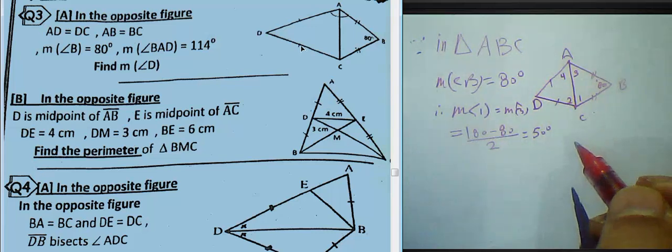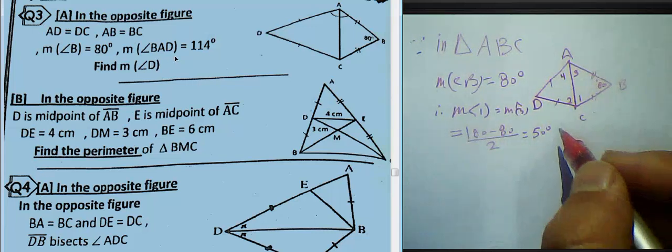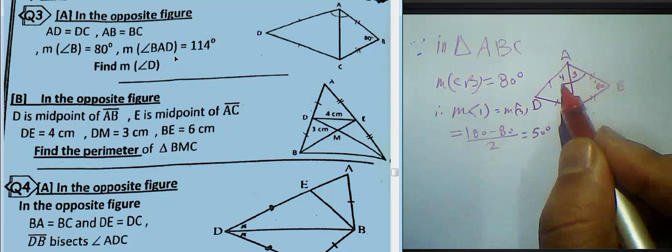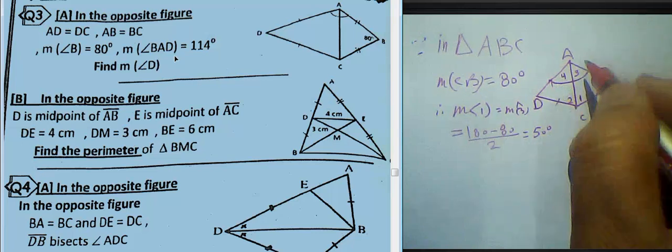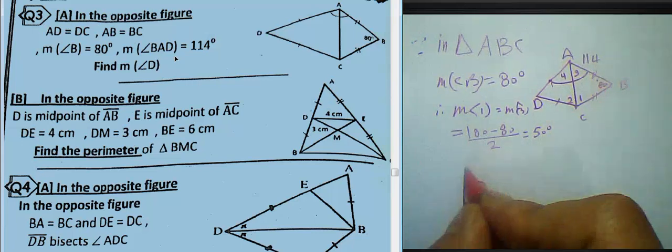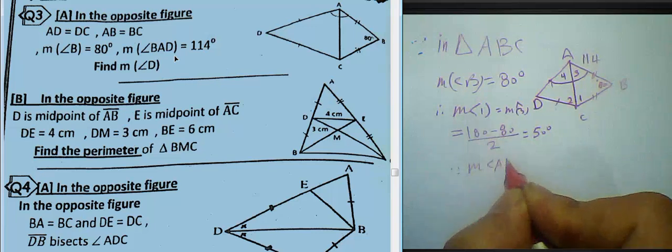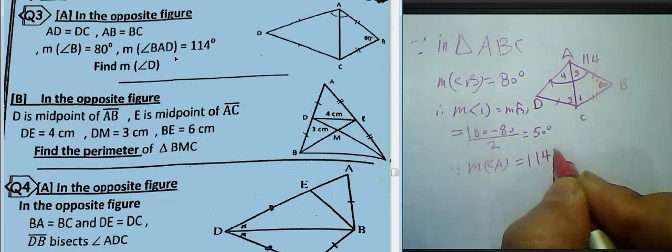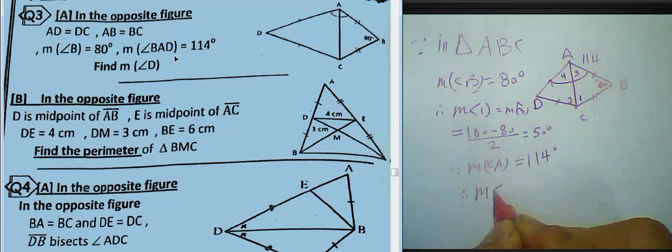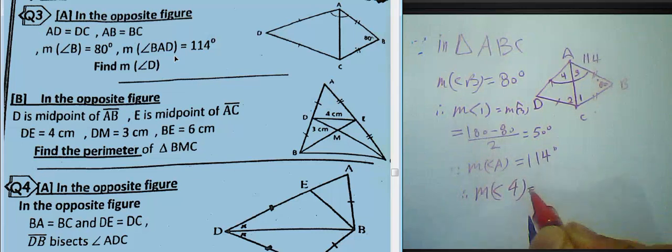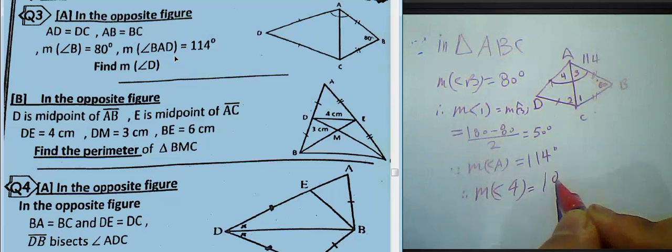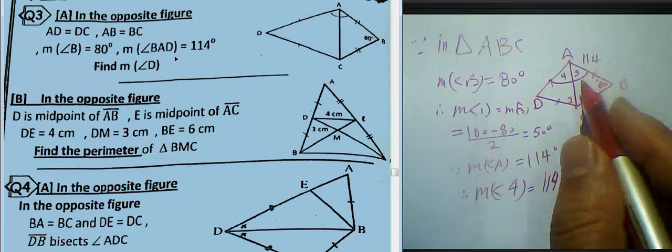And he gave us the measure of angle BAD equals 114. So the measure of angle A equals 114 degrees. Then the measure of angle 4 equals 114 subtract 50.